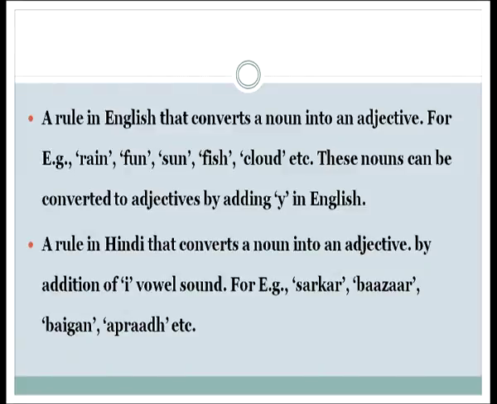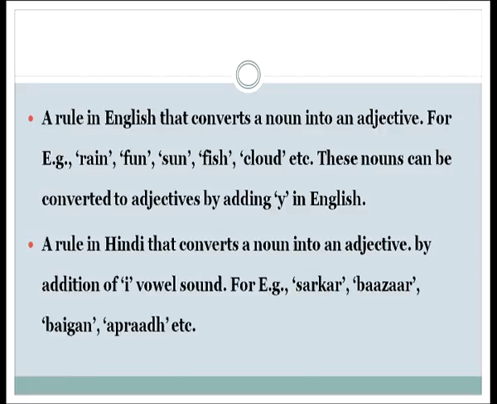Now, another rule in English converts a noun into an adjective. Like I told you in singular and plural, similarly, if we add a Y in English, then nouns can be converted to adjectives. Rain is a noun, fun is a noun, sun is a noun, fish is a noun.